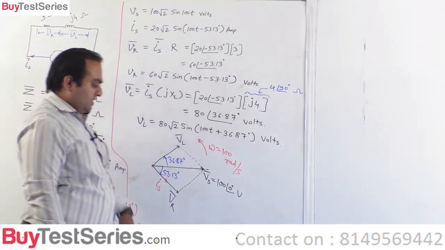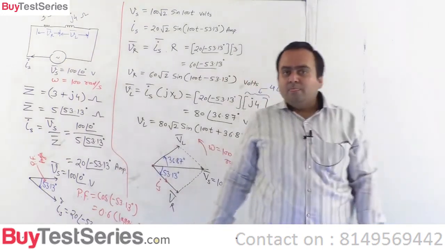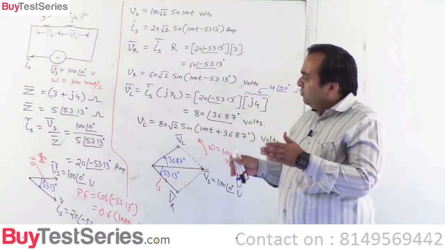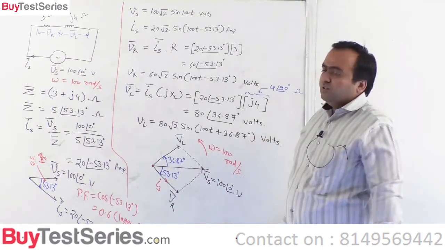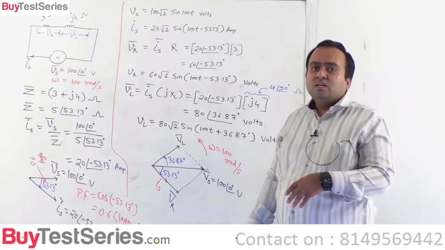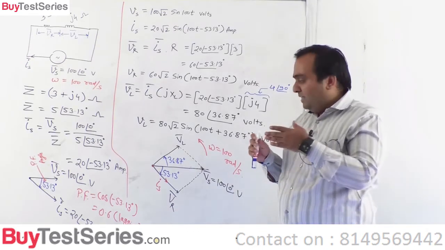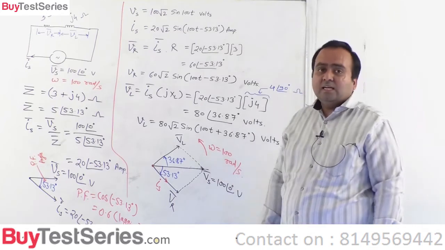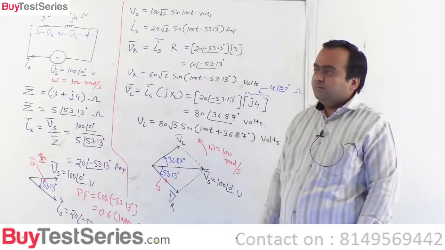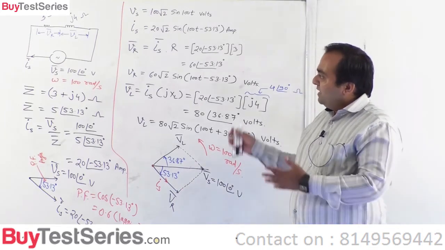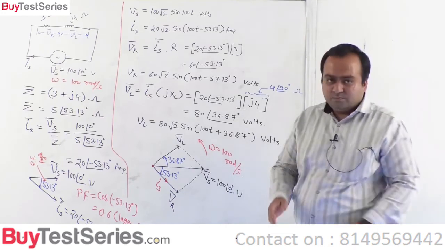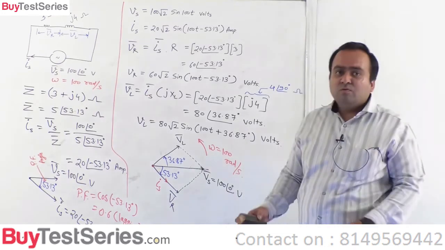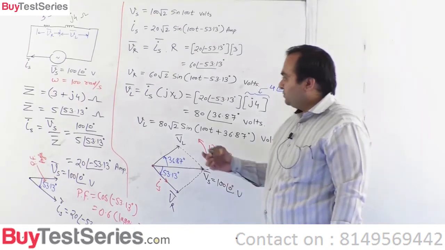So this is the phasor diagram. We have to follow this particular approach for representing the phasors, and then representing them on a neat and clean phasor diagram like this. We can take these results further and do further calculations.